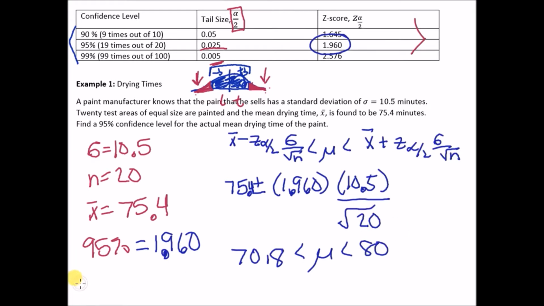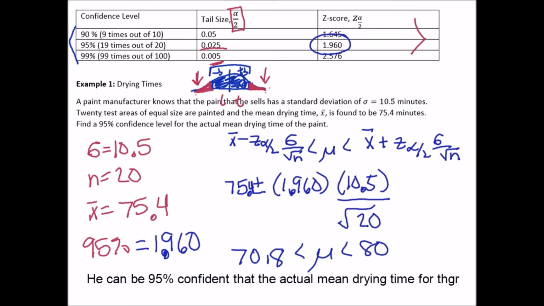So what we can conclude here is, and I'm going to actually type this, we can say he can be 95% confident that the actual mean drying time for the paint is between 70.8 minutes and 80 minutes.